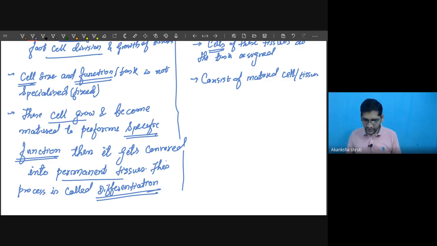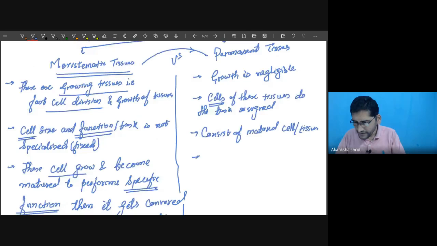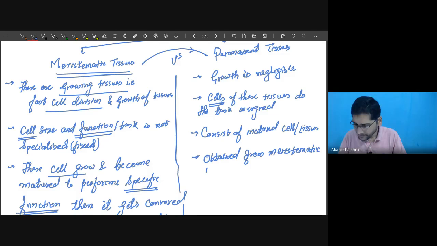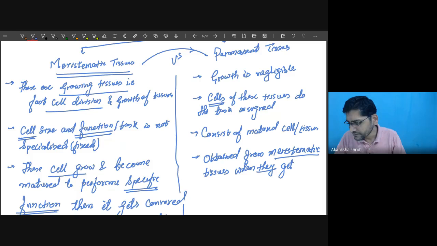Are you getting it? So students, how are these permanent tissues formed? They are obtained from meristematic tissues, when the meristematic tissues get matured or differentiated.